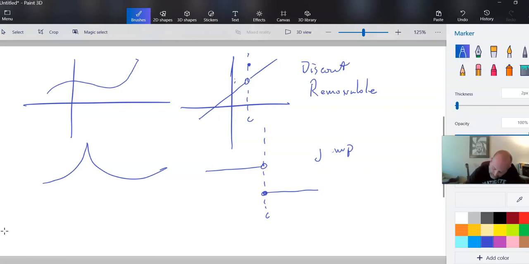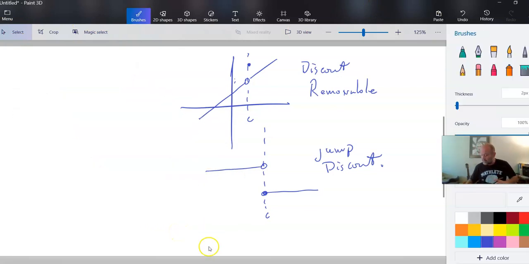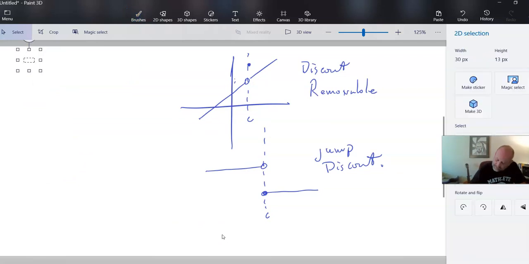Let's spell that a little better. Right? And a jump discontinuity, well, they happen in piecewise functions a lot too. Then we have, let's see here, other types, we have infinite discontinuities.